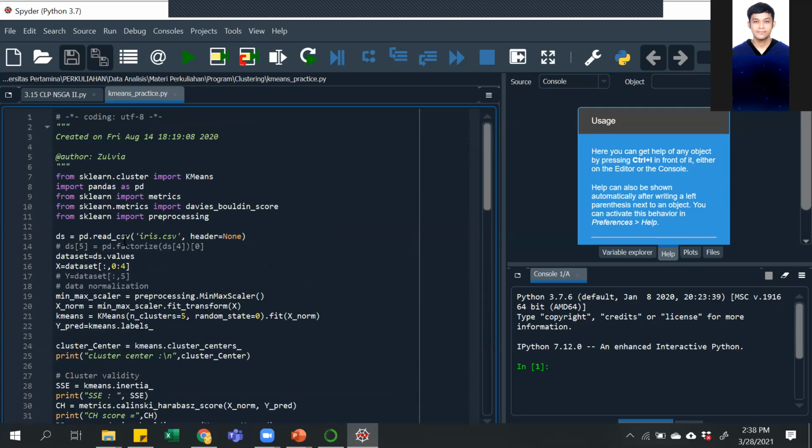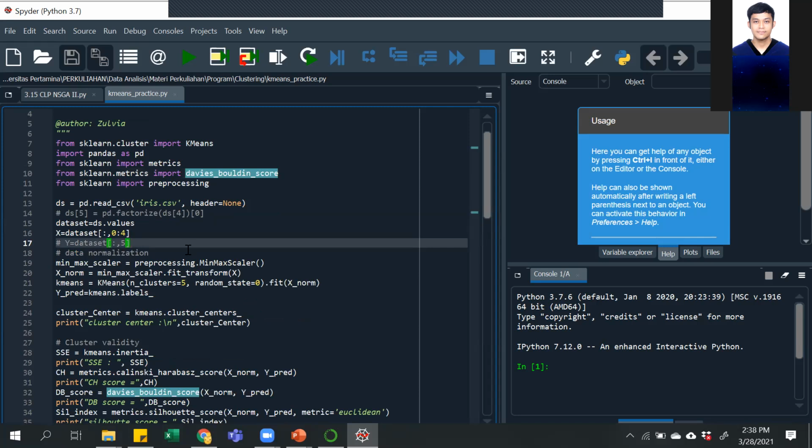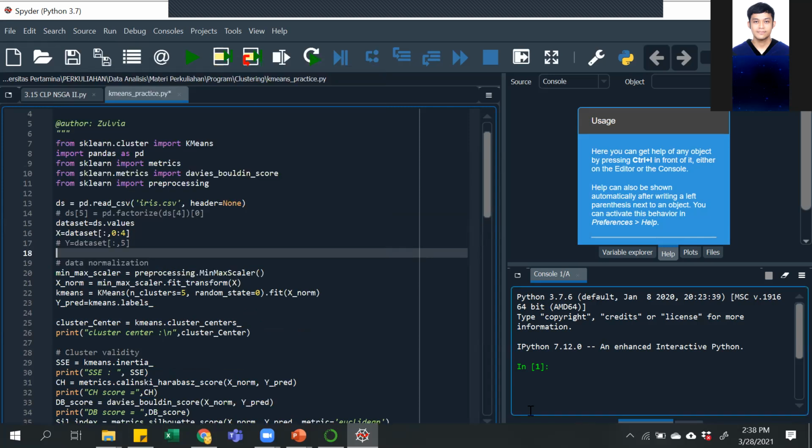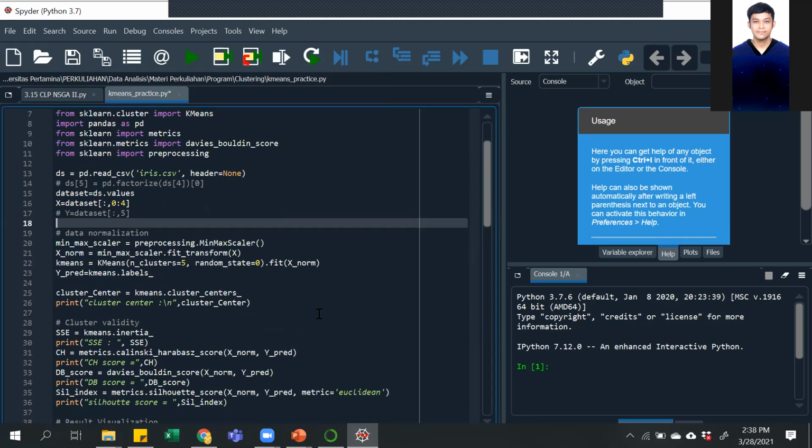First, in sklearn, they provide a k-means package, so we can use this package. Later I will tell you what this metric is. The metric is similar to SSE, so for now I will skip this. After I input the data, don't forget to do data normalization.